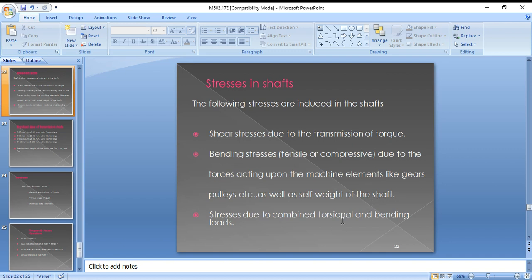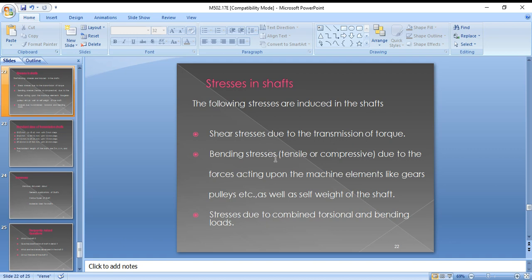Then there is the stress due to combined tensile, torsional and bending loads. If the shaft doesn't have any external parts, it has only shear stress. If the shaft is only a rotating part carrying pulleys and it doesn't transmit torque, then only bending stress applies. That applies where axles are used.